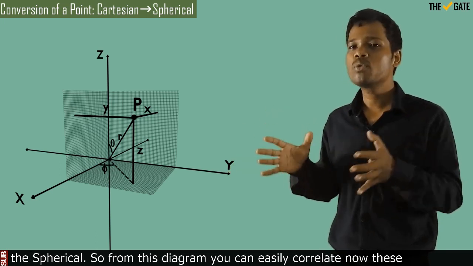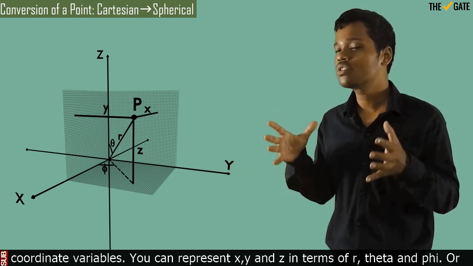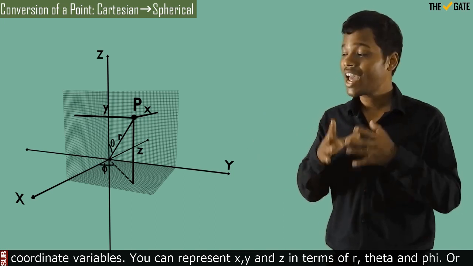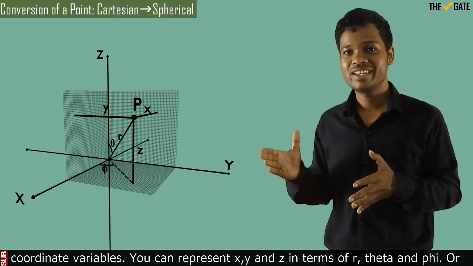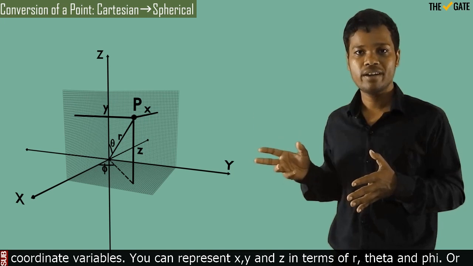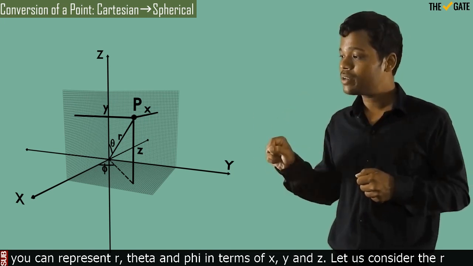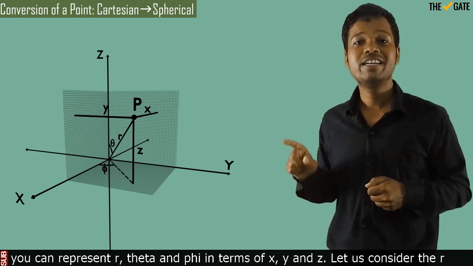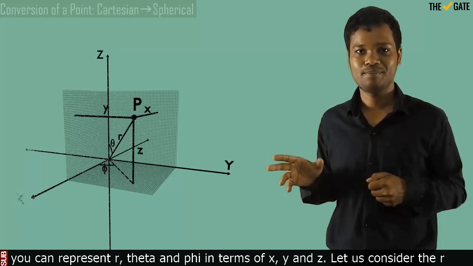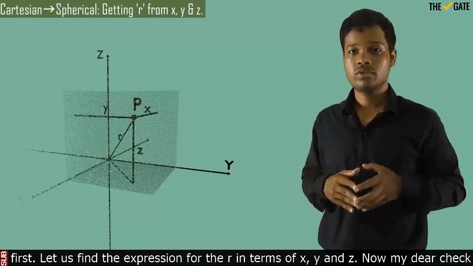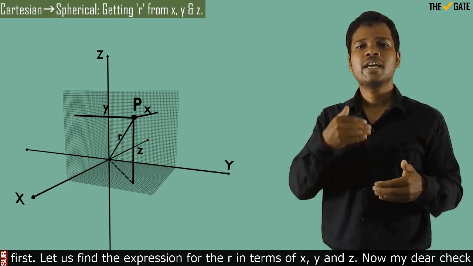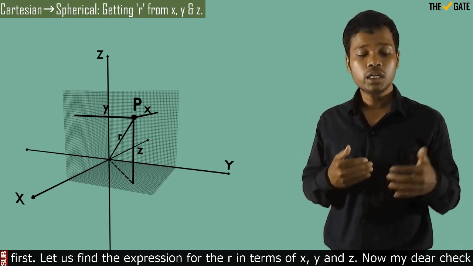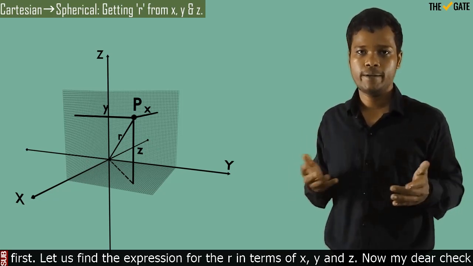So from this diagram you can easily correlate now these coordinate variables. You can represent x, y and z in terms of r, theta and phi, or you can represent r, theta and phi in terms of x, y and z. Let us consider the r first. Let us find the expression for the r in terms of x, y and z.